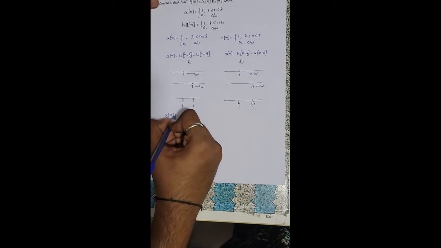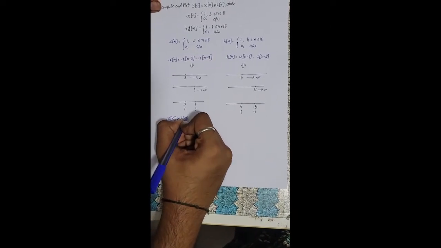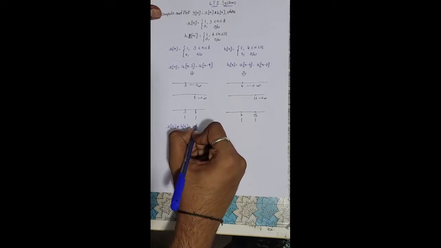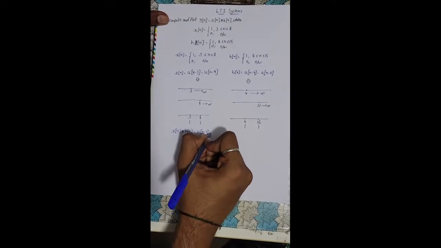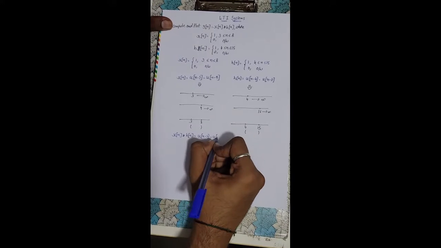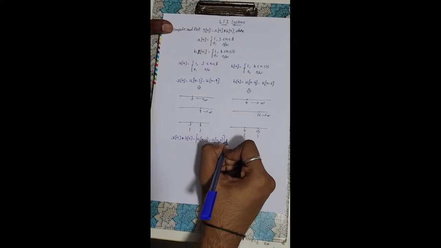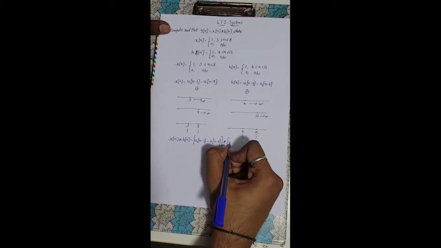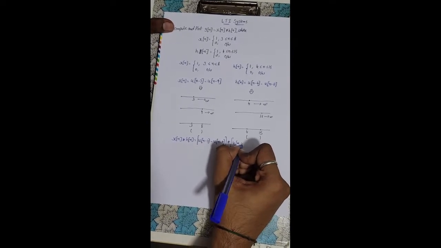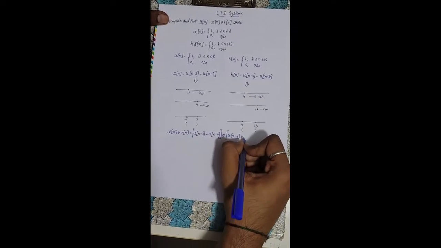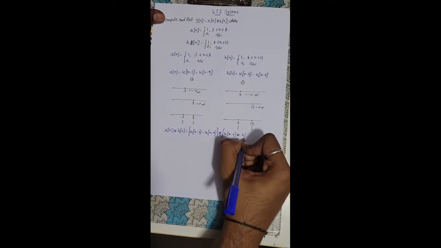x of n convolution h of n is equal to u of n minus 3 minus u of n minus 9, convolution, u of n minus 4 minus u of n minus 16.